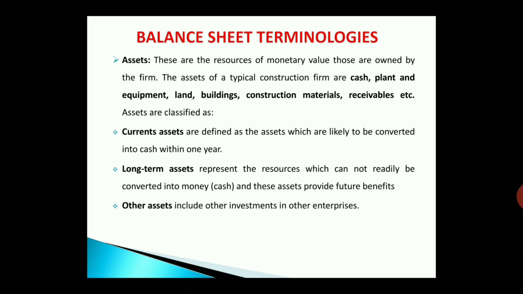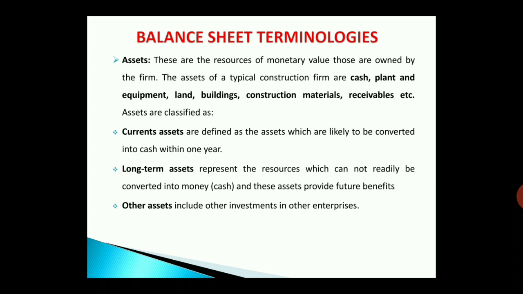Assets here are classified into two types: current assets, long-term assets, and the third category is other assets. Current assets, these are defined as the assets which are likely to be converted into cash within 1 year. So you can classify the equipments, okay, which are smaller, or say vehicles, under the current asset category.